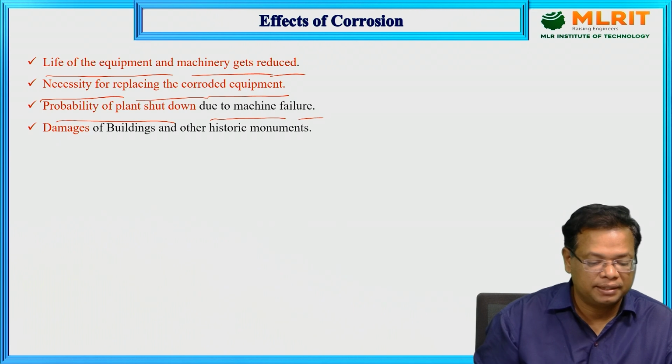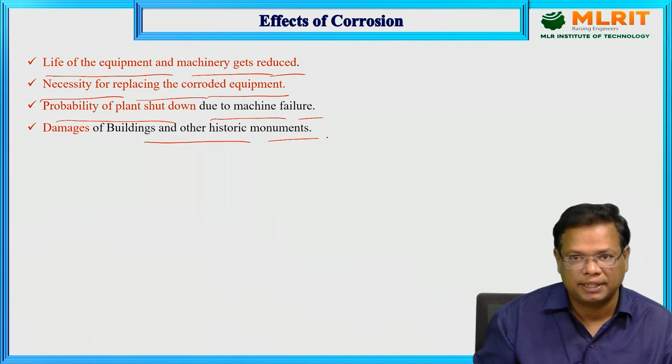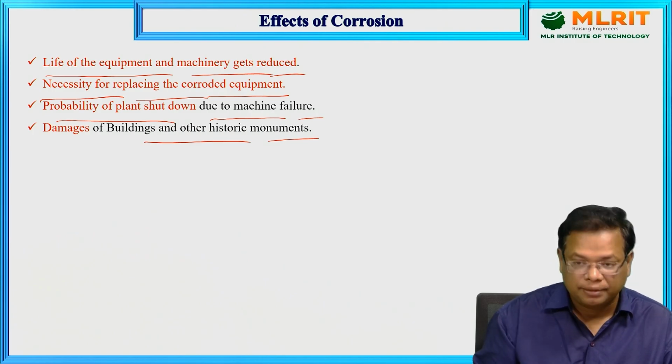Damage of the buildings and other historic monuments. So some historic monuments, for example, due to the acid formation from the moisture in the air environment. For example, Taj Mahal is a historically constructed monument.